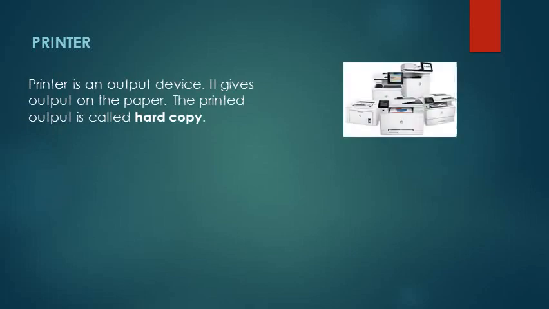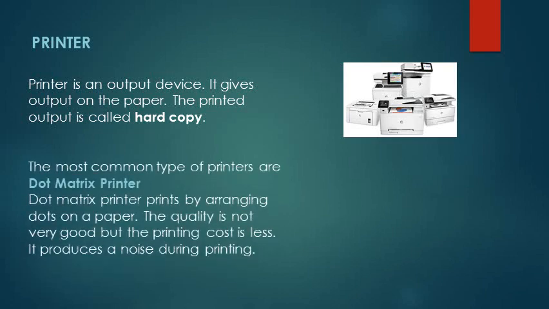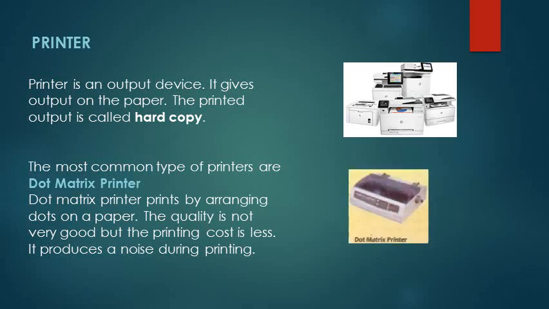Printer is our next output device. Printer gives output on paper. This printed output is called hard copy. Like monitors, printers also have different types. Very first type is dot matrix printer.